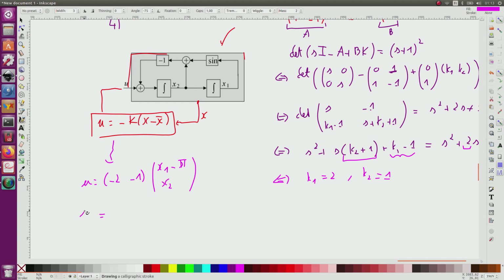Which means that u equal to -2 x1 plus 2 pi, minus x2. So if I have this controller here, then if I initialize my system around x1 equal to pi, then I will obtain a stable system.